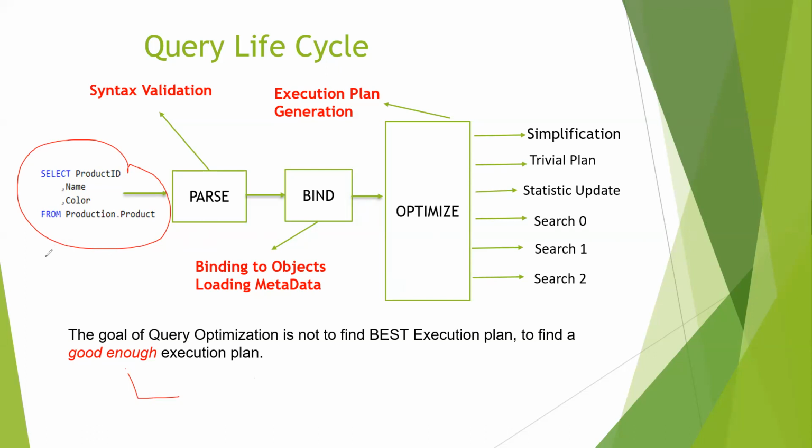Every query or every task that we execute at the SQL Server will be taken care of by a thread. A thread is nothing but the smallest execution unit of your work, of your task. A thread is nothing but a worker.